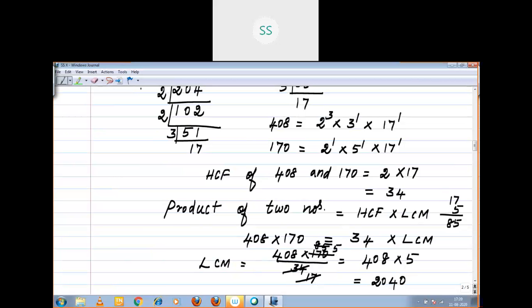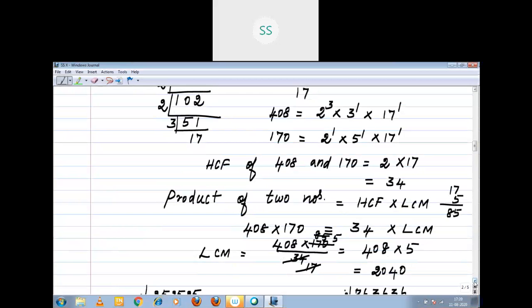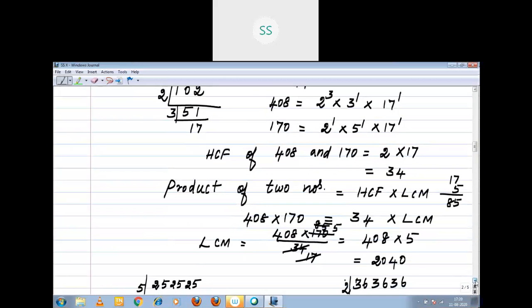What is your HCF now? What is your LCM? HCF equals 34. LCM equals 2040, right? 2040. One minute, children. Some numbers are visible to you, so I am going to erase them.